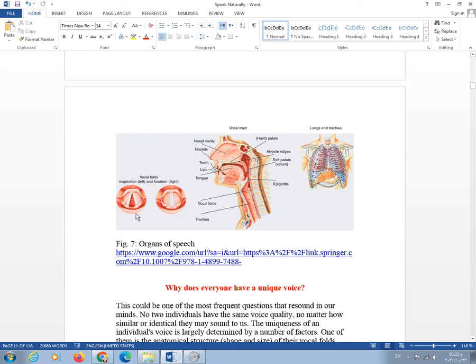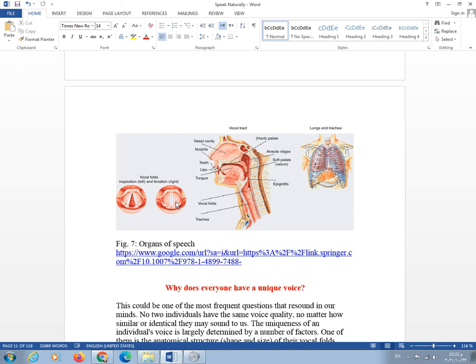This is the position where you are at rest and not talking, and this is the position where the vocal folds are getting closer to each other, and they can vibrate by means of air pushing them, and this vibration causes the creation of voice.